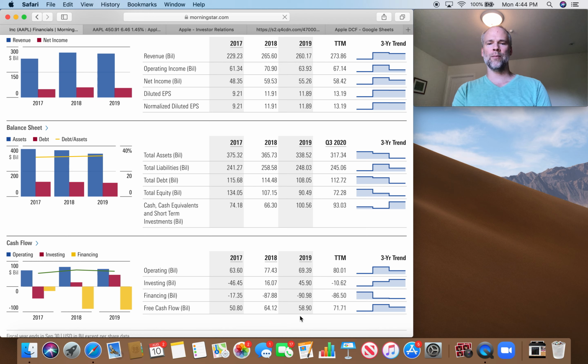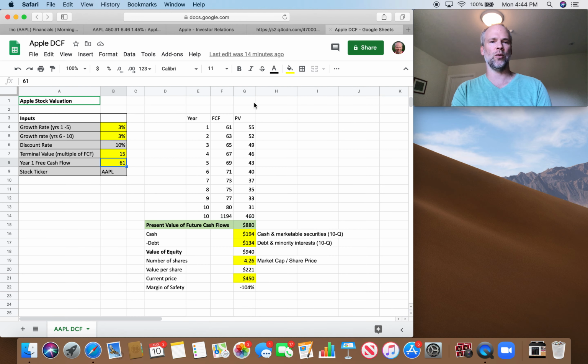So, I'm just going to go with 61 billion in free cash flow for the latest 12 months. This isn't an exact science, but I think that's a fair representation of what the operating business of Apple is doing. So we've got 61 billion there in year one free cash flow.